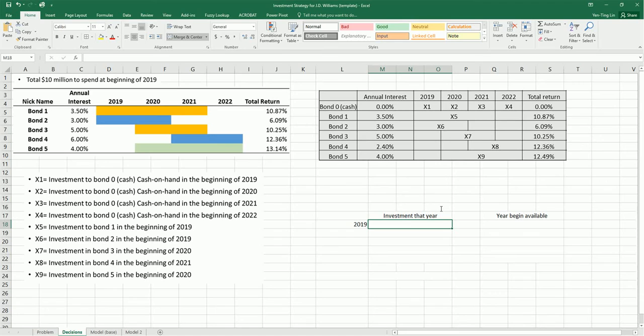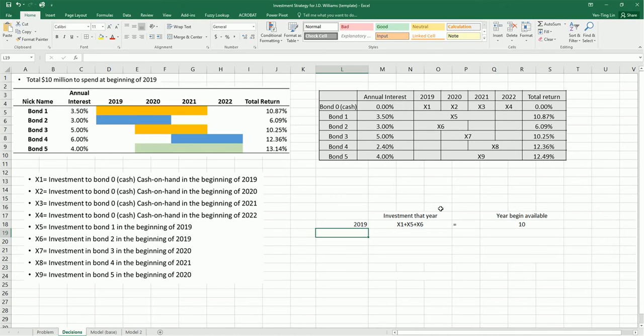So the total investment is simply the sum of them. X1 is the amount you invest in bond 0, plus X5 you invest in bond 1, plus X6, the amount you invest in bond 2. And this amount should equal the available amount for investment at the beginning of 2019, which is 10 million. So that's the balance for 2019.